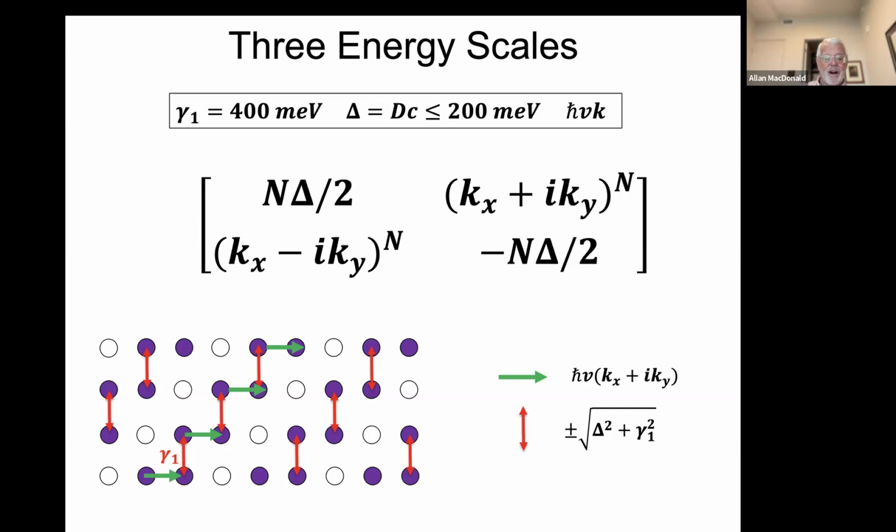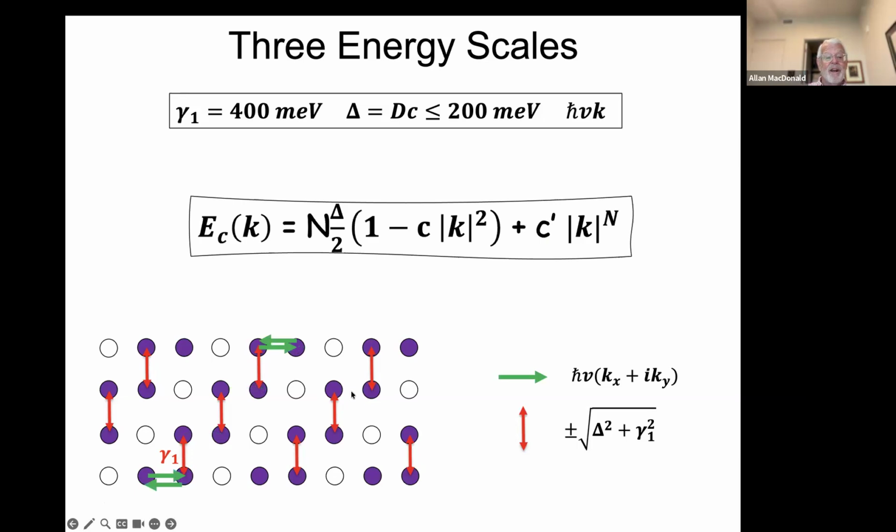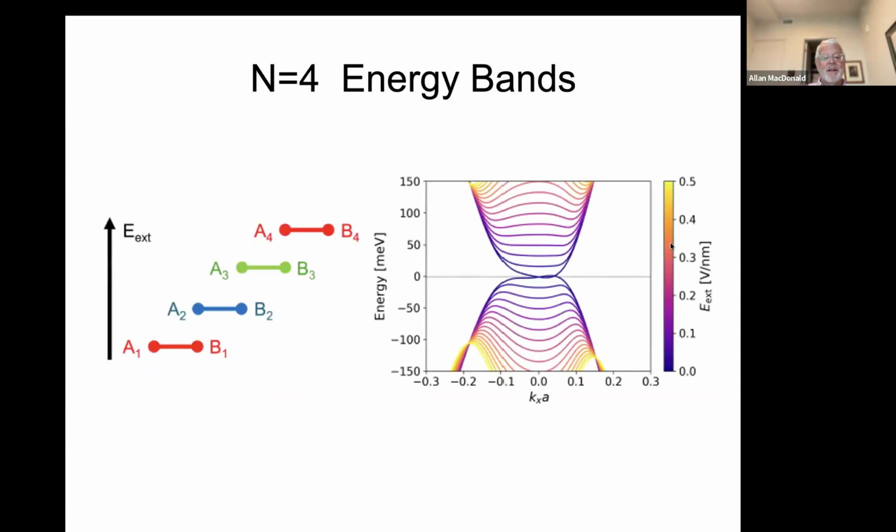But when a displacement field is applied, these dimer states are polarized between the layers, and the two level repulsions don't cancel. And that ends up giving you a shift in the energy on a site, which is momentum dependent, kind of an ordinary band mass, which makes the energy of the conduction band go down with k. And so those two effects are the most important effects in the band structure.